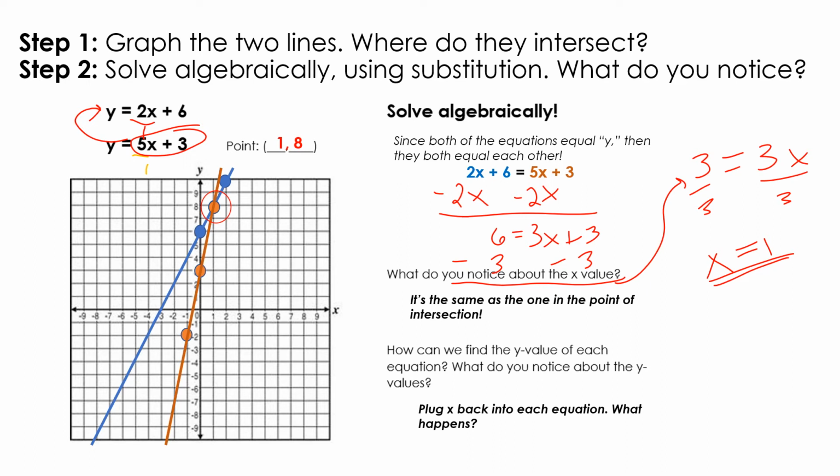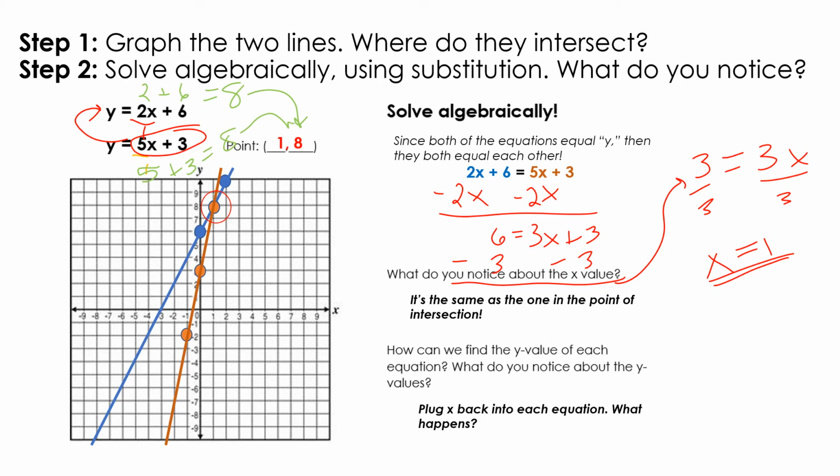On my first equation, if I have y equals 2x plus 6, if x is 1, 2 times 1 will be 2, and 2 plus 6 is going to equal 8. Aha. And then on my second one, 5 times 1 is going to be 5, and then 5 plus 3 is also equal to 8.